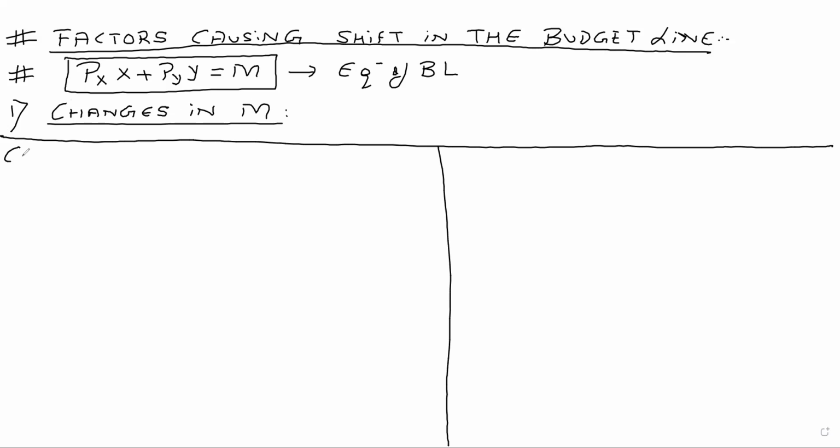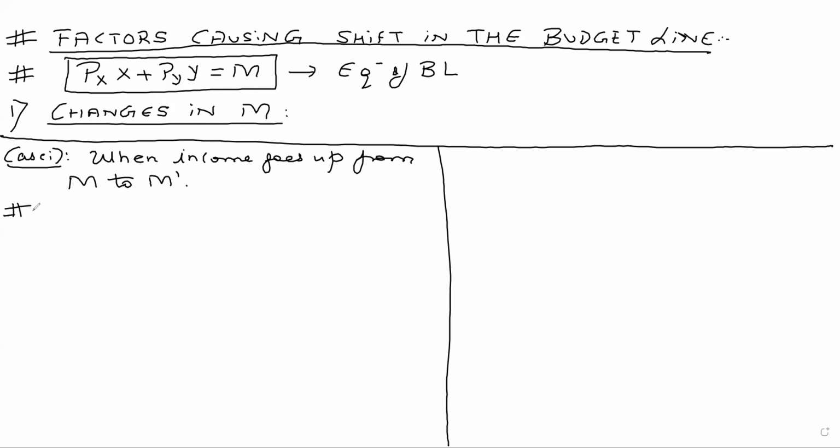Case one, when income goes up from M to M dash.